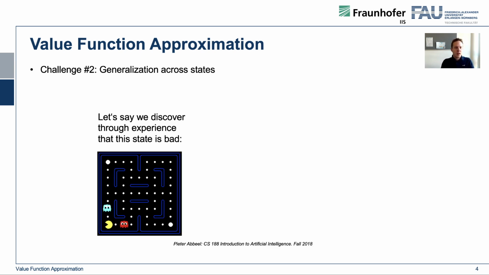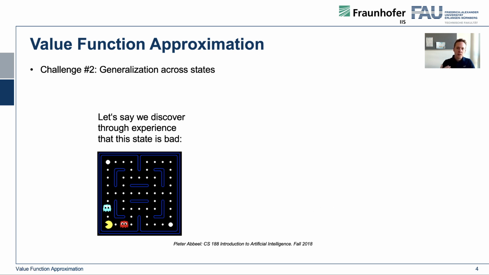So let's assume that we are training an agent that plays Pac-Man, and let's say we have discovered through experience and interaction with the environment that this state is a bad situation. If you know Pac-Man, you need to eat all the small little dots, and you need at the same time to avoid the ghosts. And actually, you're in the tunnel, and believe me, this is a very bad situation.